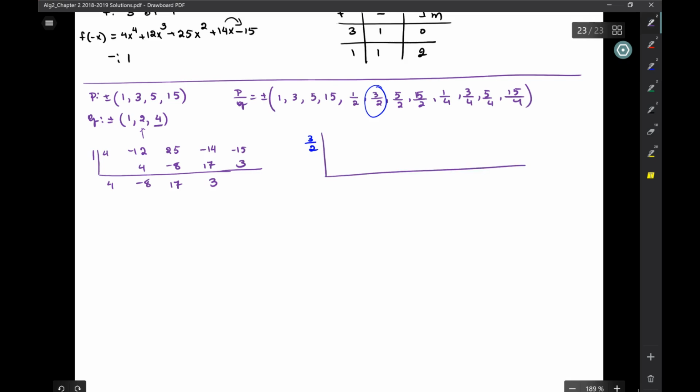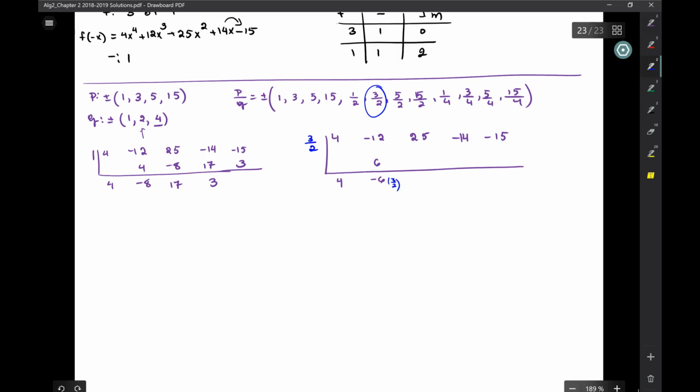Okay. I get 4, negative 12, 25, negative 14, negative 15. Four comes down. Now I need to do 4 times 3 over 2. That's 12 over 2, 6, right? Negative 6 times 3 over 2.